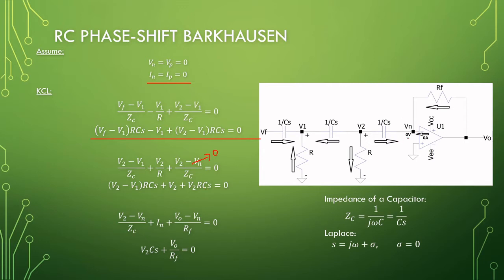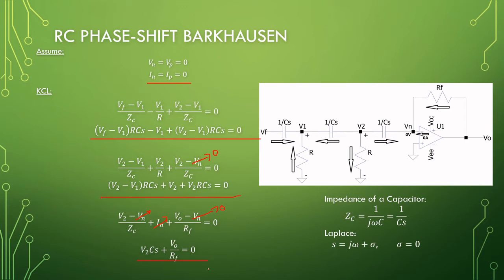The last equation, V2 minus Vn over Zc, current added from the amplifier, and V out minus Vn over Rf. And we also know that this is 0, that is 0, and that is 0 with the assumption of an ideal amplifier.